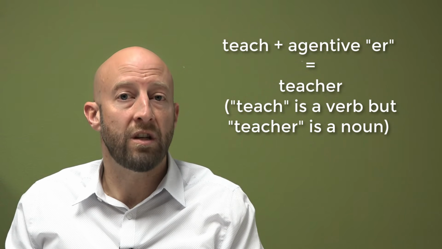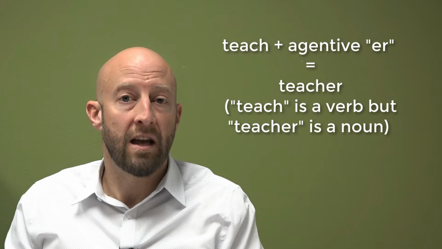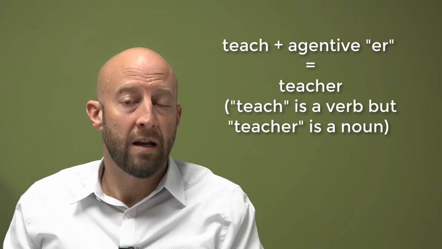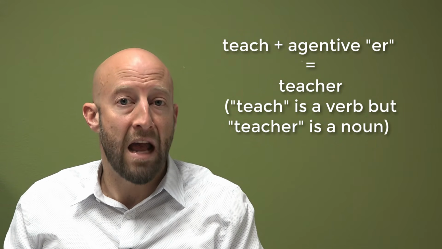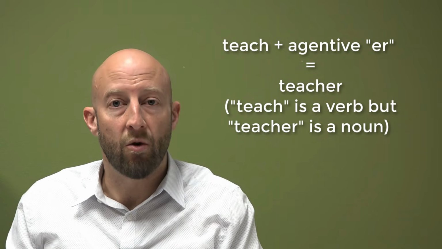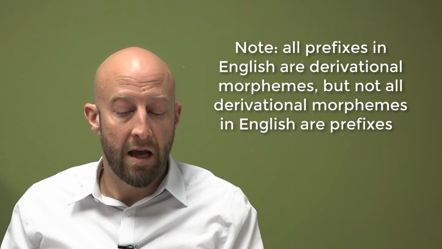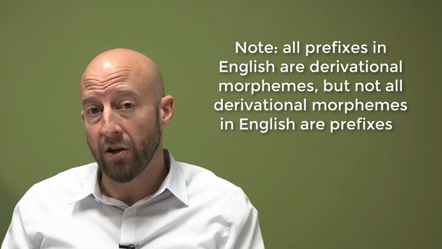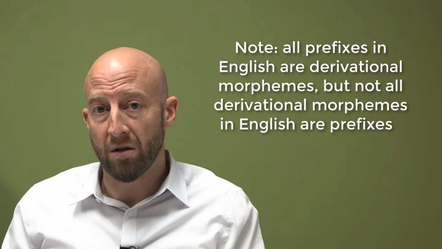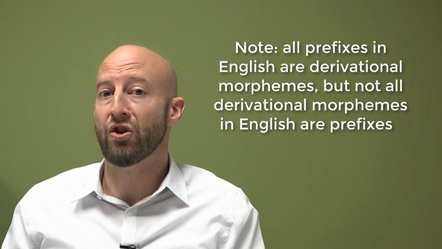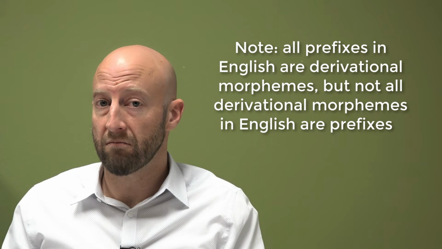Like if we take the morpheme teach, and we add er to the end of it, now we've got teacher, which is a noun, a different lexical category, a different part of speech. So that's what derivational morphemes can do. They can create new words in a language, or they can possibly change the part of speech or lexical category from one to another. Note that all prefixes in English are derivational morphemes, but not all derivational morphemes are prefixes.